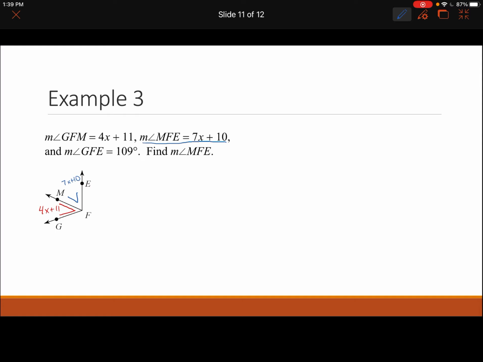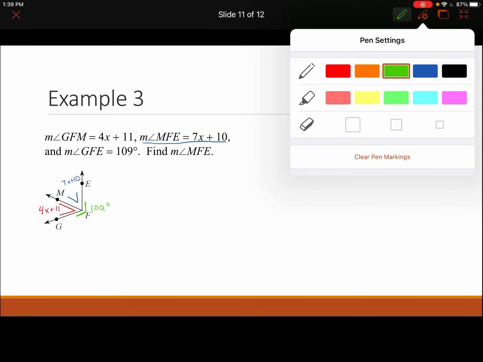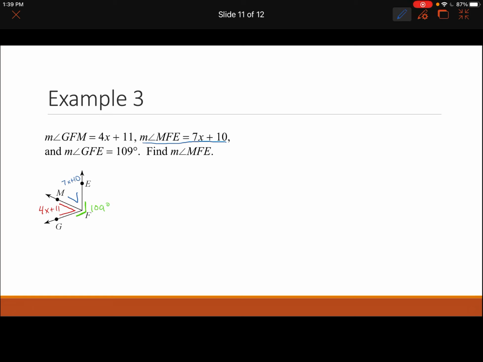And we also know that angle GFE, the outside angle value, is 109 degrees. So then we can make an equation that says that those two things must be equal. So our equation is going to be 4x plus 11, one small angle, plus the other small angle, and they equal the biggest angle, 109 degrees.